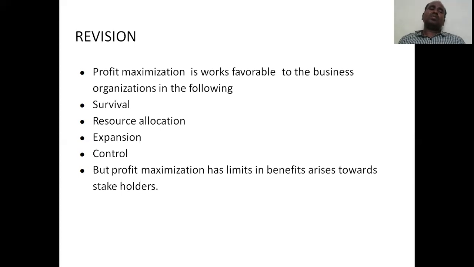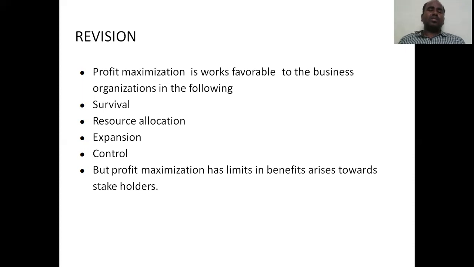Optimum utilization and allocation of resources can be done with profit maximization. If they have a good profit, then they can expand and meet certain needs and requirements, and the company can have overall control on its employees as well as its operations of business.